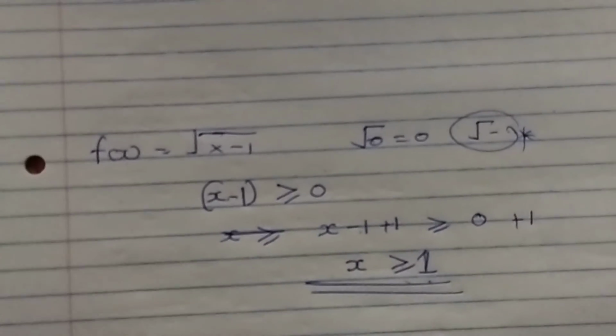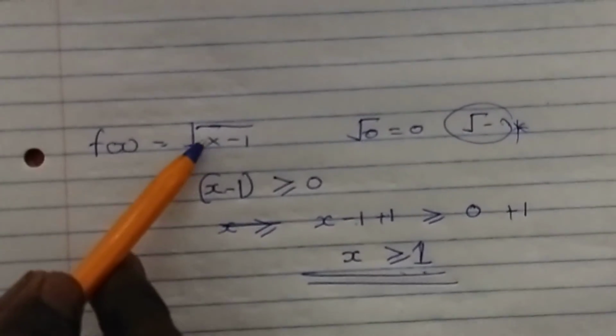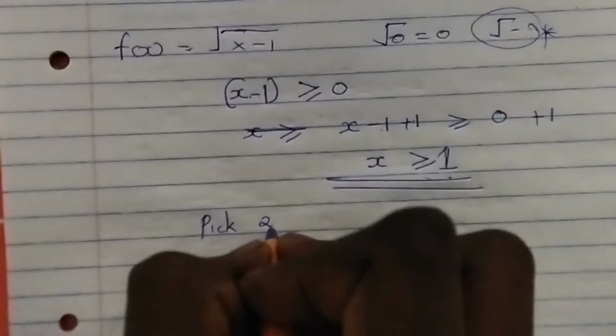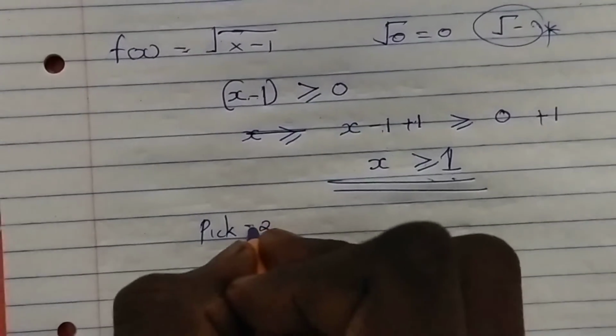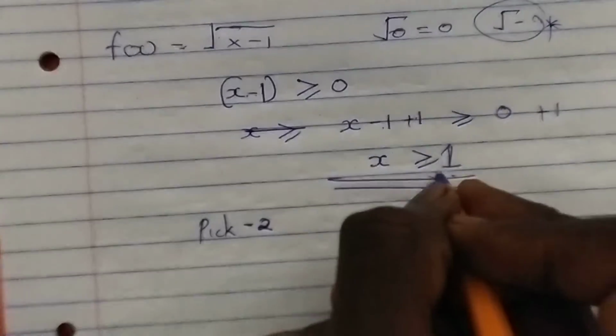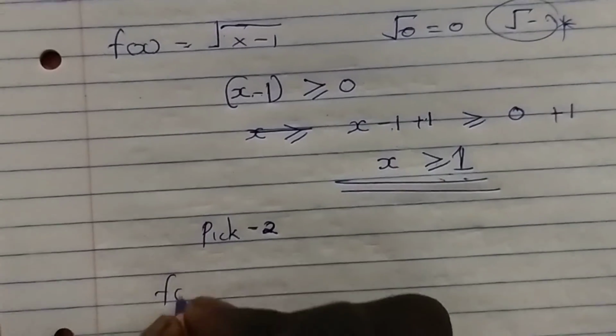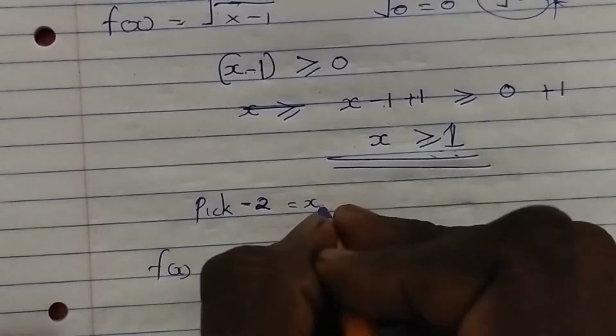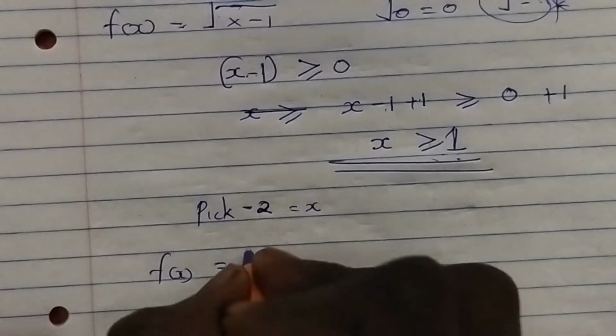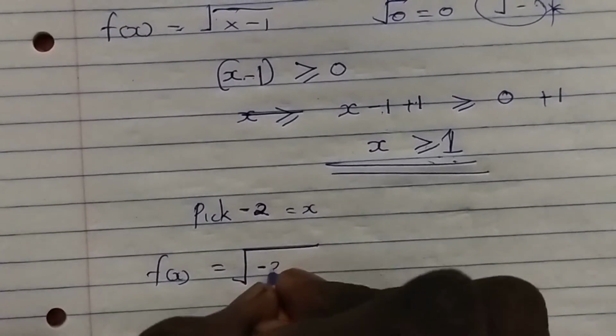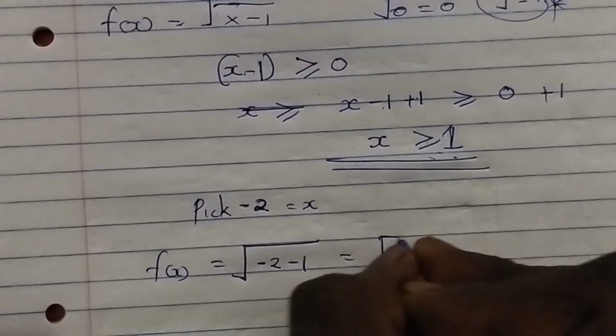Any value below that is going to give you a negative value in the root. For example, pick 2, I mean, negative 2, which is less than 1. Pick negative 2 as x, your f of x will be root of negative 2 minus 1, which is the root of negative 3.